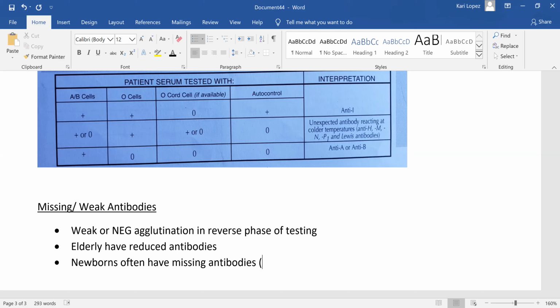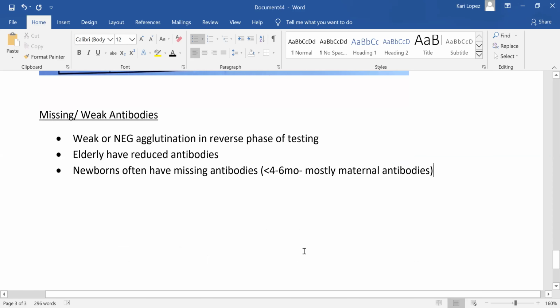Before less than 4 to 6 months, they have mostly maternal antibodies. So in this case, you would get all negative reactions.